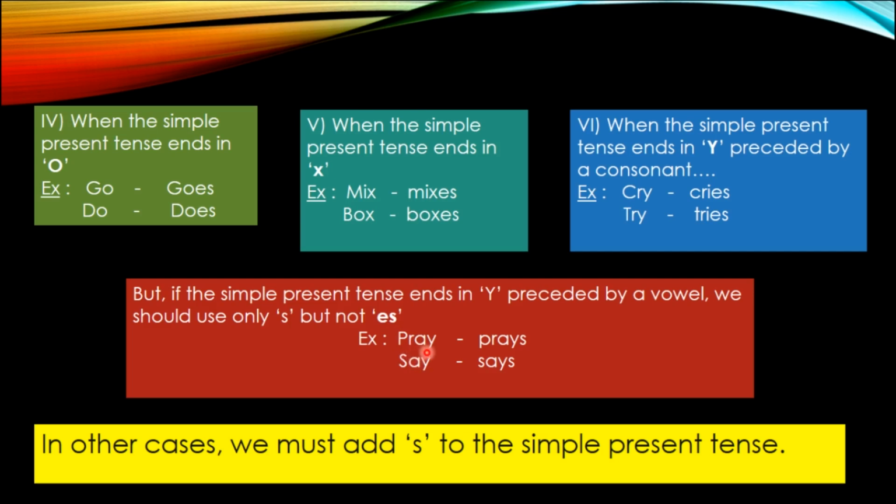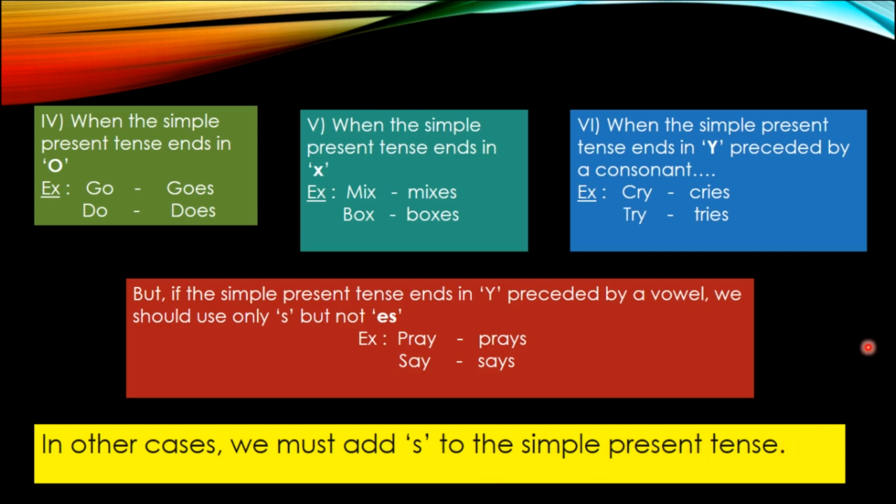Example, pray. Y is preceded by a vowel letter A. So, we add only s in simple present tense. Pray, prays. Say, says. In other cases, we must add s to the simple present tense.